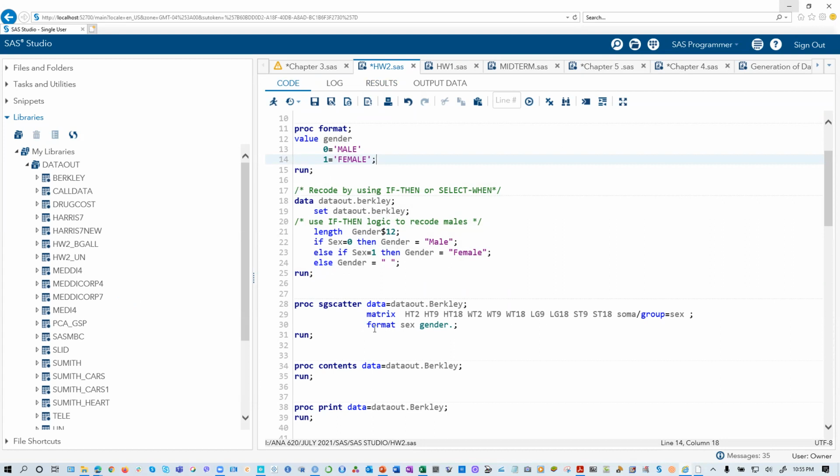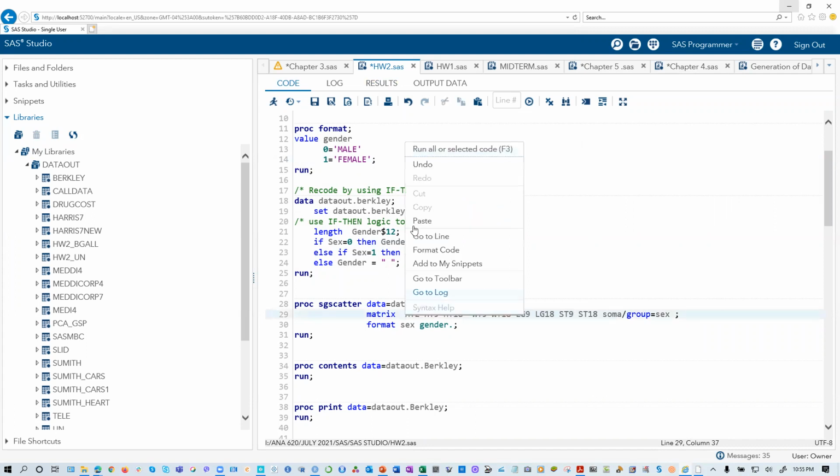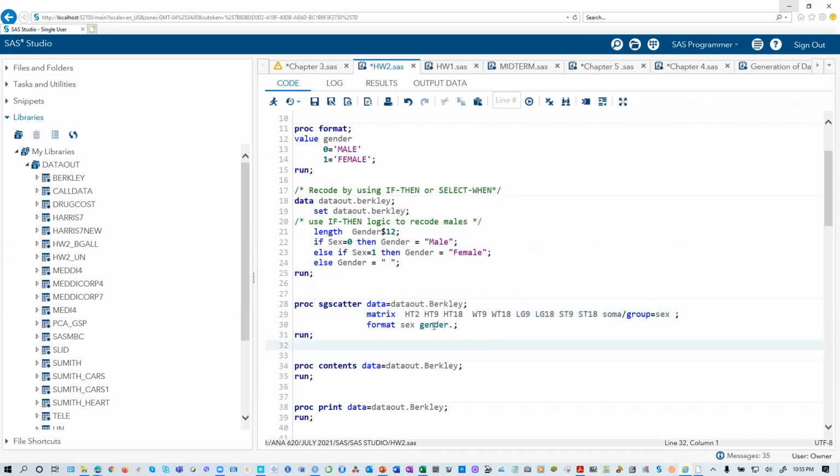Now I'm going to set up the scatter plot. HT2, WT2. I'm going to get this one to here. Then they go to the height and weight.